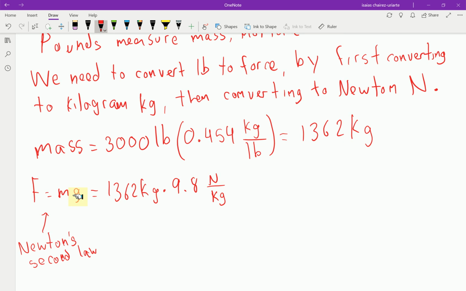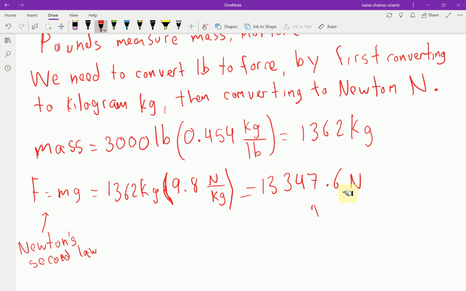The kilograms here cancel, and I end up having to multiply 1,362 times 9.8, and that gives me 13,347.6 newtons.